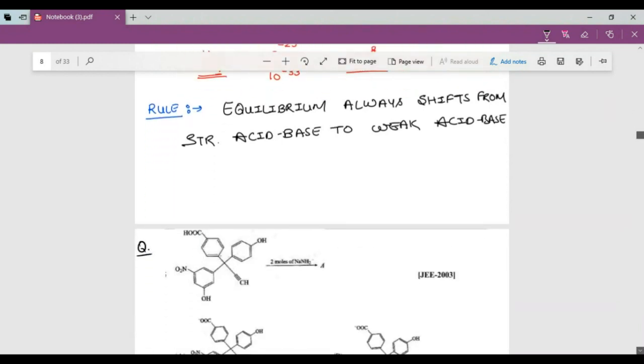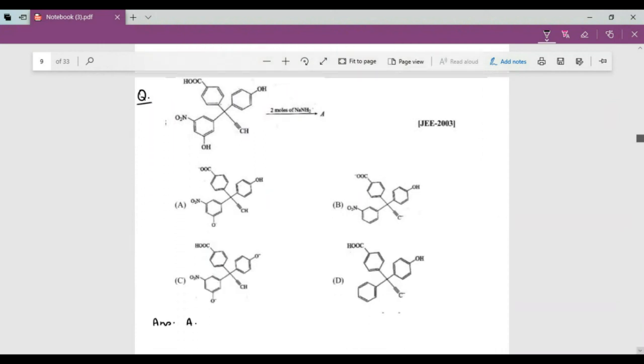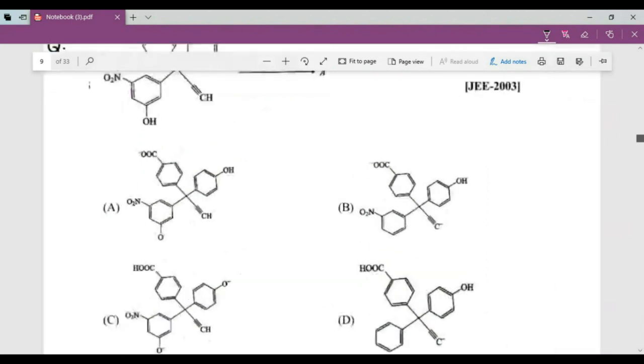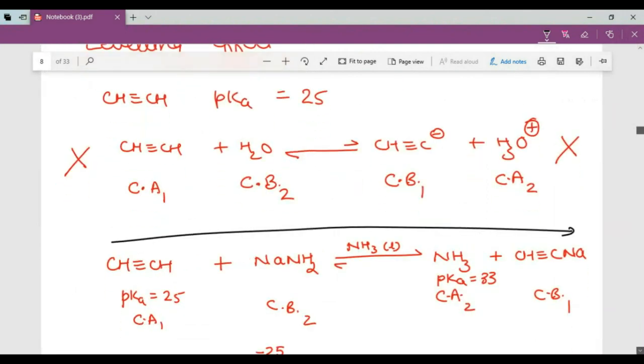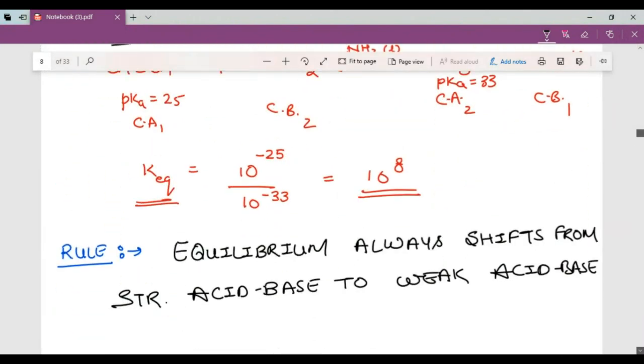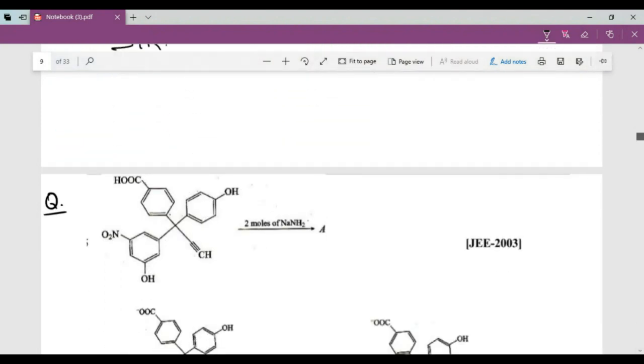Based on this, this was one of the questions which appeared in JEE 2003. To have a clear view, let me enlarge it a little. Now, the question was that if in this particular structure only 2 moles of NaNH2 are given, then what will be the structure of the ion?